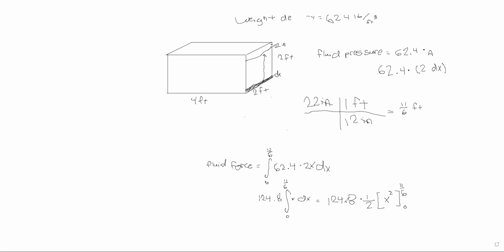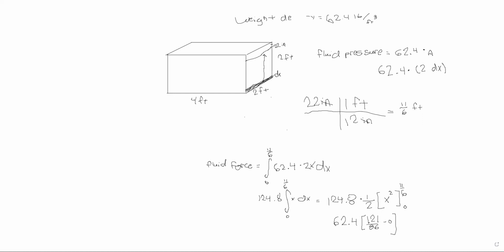So 124.8 times 1/2 is 62.4. And then if we plug in 11 over 6 into x squared, we get 121 over 36. And if we plug in 0, we just get 0. So let's figure out what this is going to be.